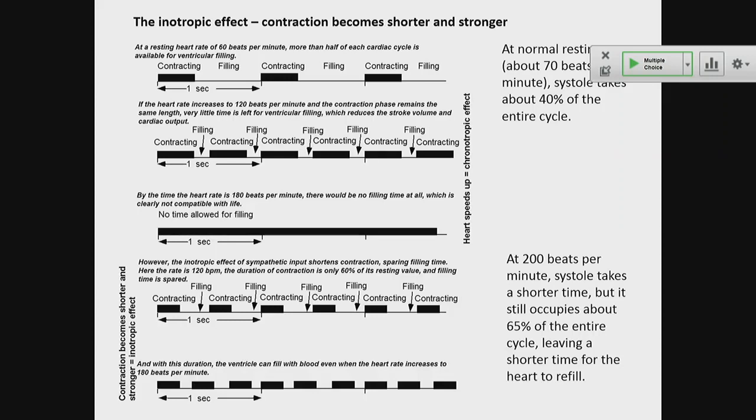So that's the second messenger in this case. And these beta receptors are on the autorhythmic cells, and they're also on the contractile cells. So on all the different cell types.